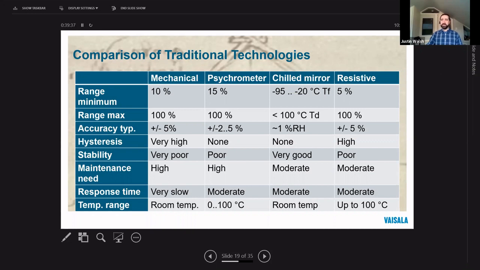So in this list, the resistance sensors look pretty good, if you can accept the hysteresis and the drift. However, there's still demand for a more robust humidity sensor that required less maintenance and responded faster in both directions. Higher accuracy was also in demand as small changes in humidity are observed to have very distinct results.